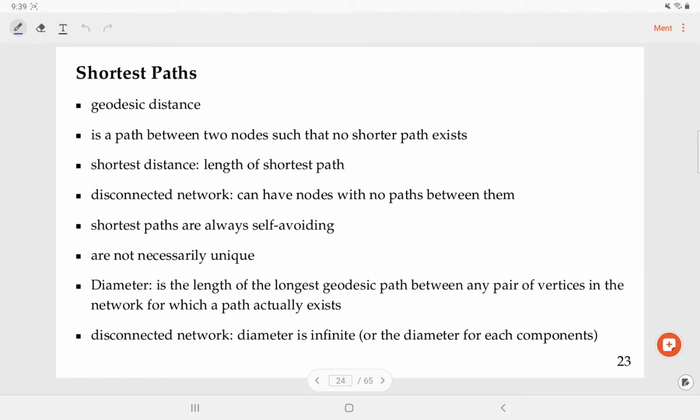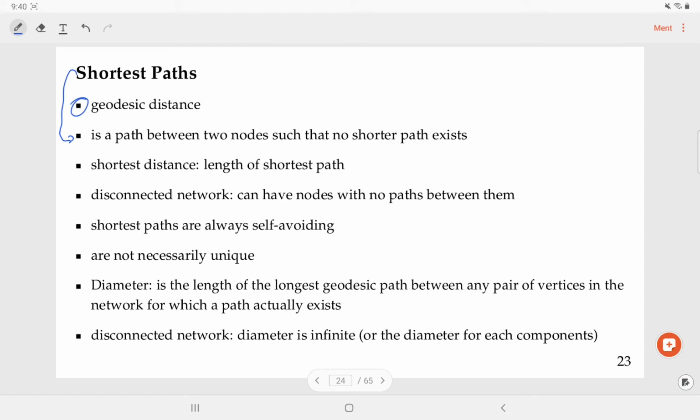The third lecture on network science continues with the definition of shortest path. The shortest path is also called a geodesic distance. So that's just a rephrase. But the definition of it is quite obvious: it is a path between two nodes such that no shorter path exists.